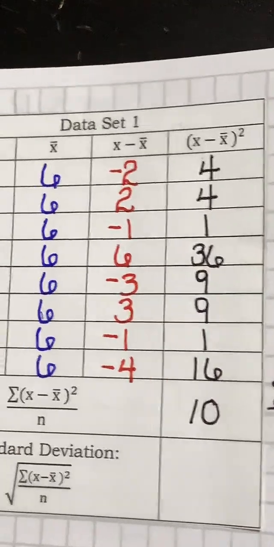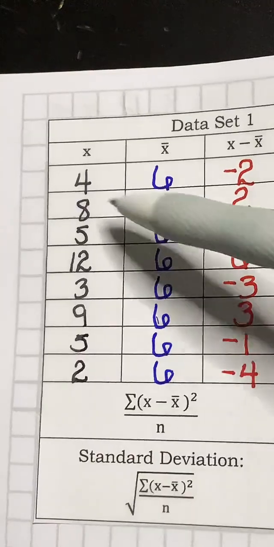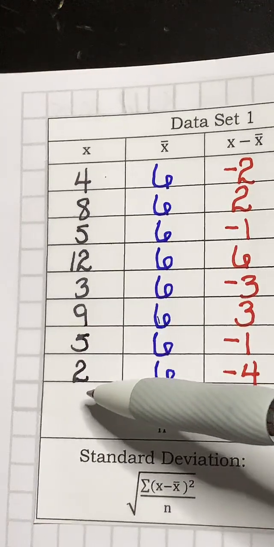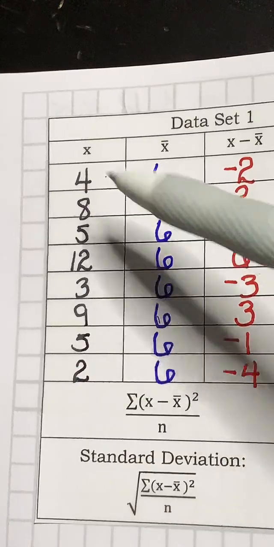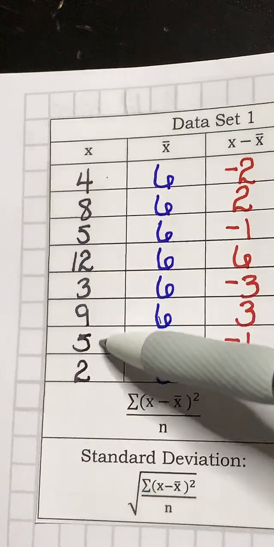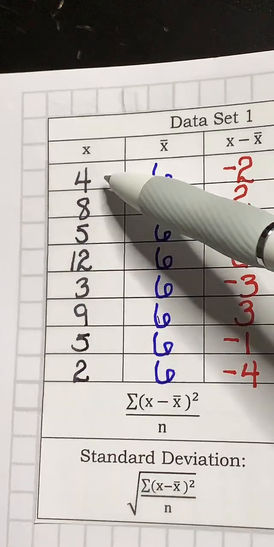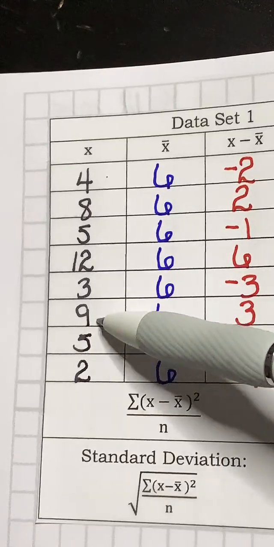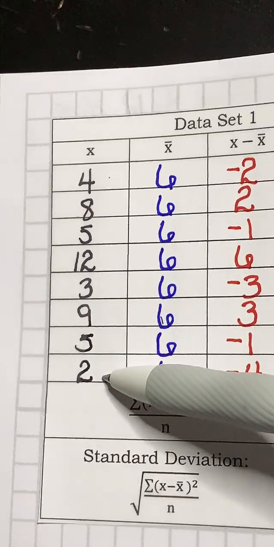How I got the 6? The way I got the 6 is I add all these numbers up. I'm basically taking the mean of the data, and when you take the mean, it's like taking the average. So you add all these numbers up and divide by how many numbers there are, which is 1, 2, 3, 4, 5, 6, 7, 8.